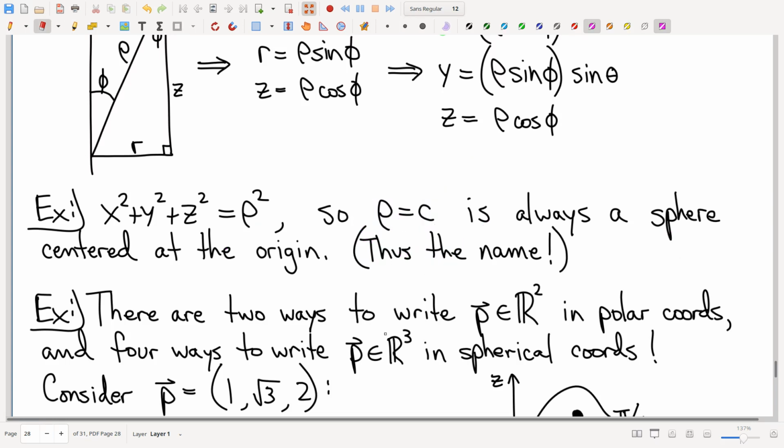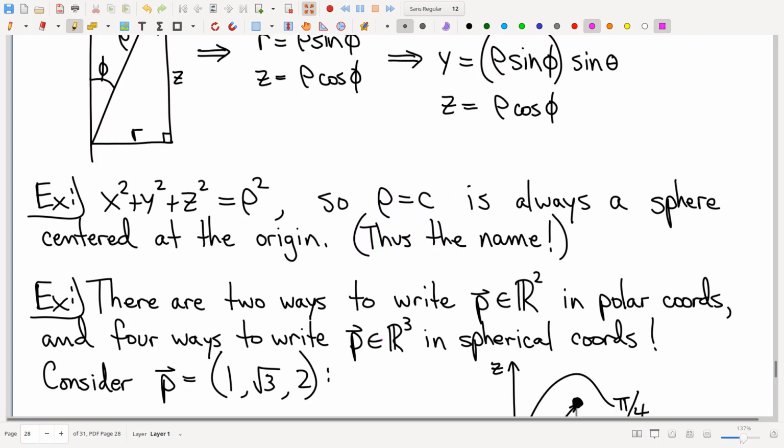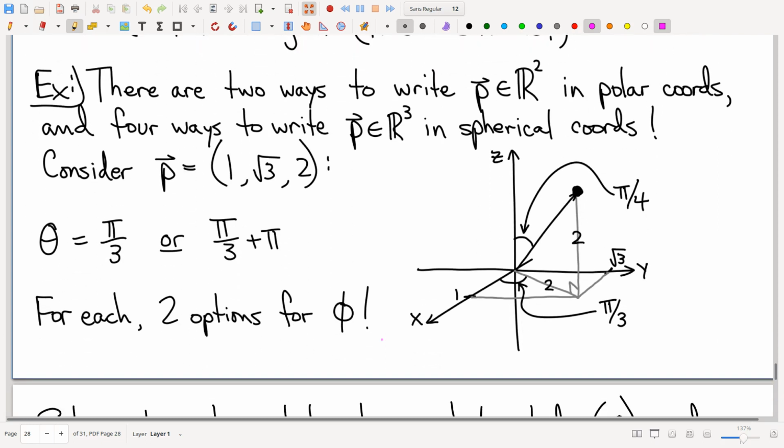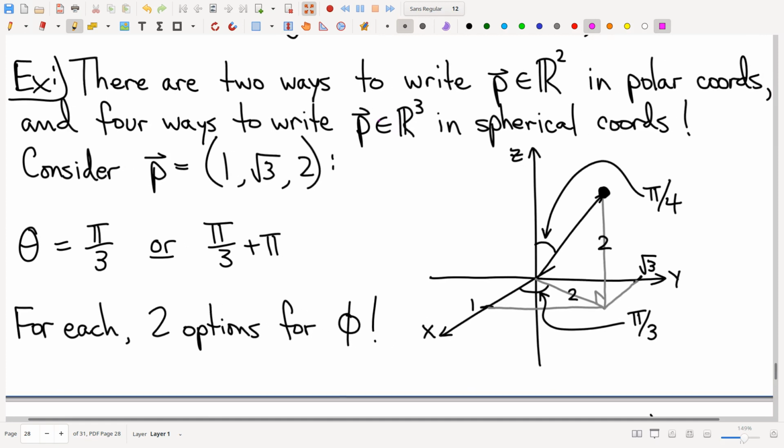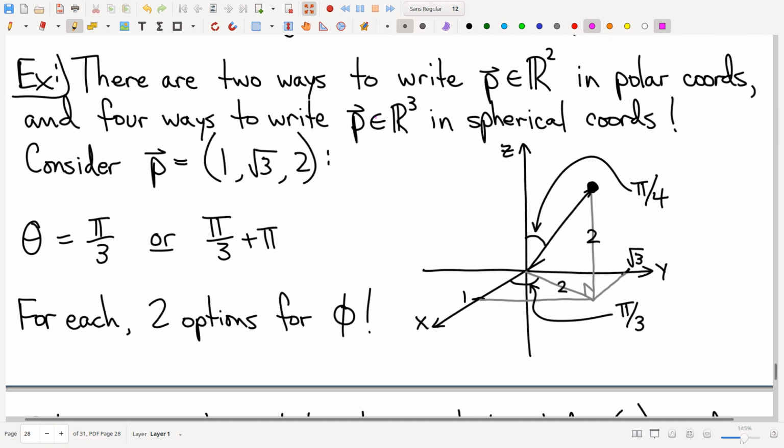Next example has a bunch of details in it. I am going to leave about half of this example for y'all to look at on your own at your leisure. I'm going to get you started. I'm going to do what I'm going to call the hard half of this question. This little exercise is to point out that there are always 4 ways to write a point in spherical coordinates, just like there's 2 ways to write a point in polar coordinates.